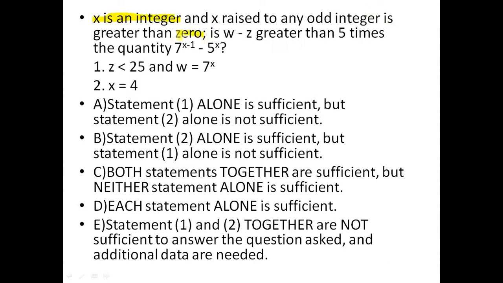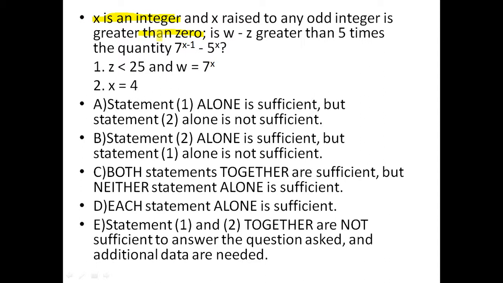So if you raise x to any odd integer, say y, x raised to y, where y is an odd integer, it will be greater than 0. Now y could be a negative or a positive value. We are not very sure of that. Since it's mentioned to be an odd integer, let's just treat it as an odd integer.